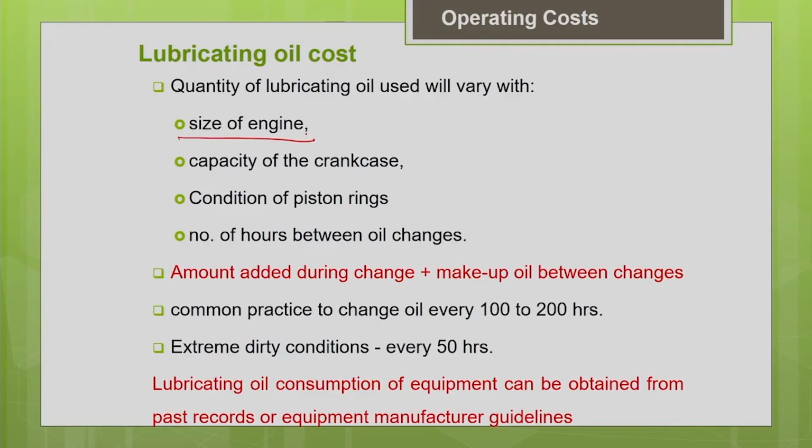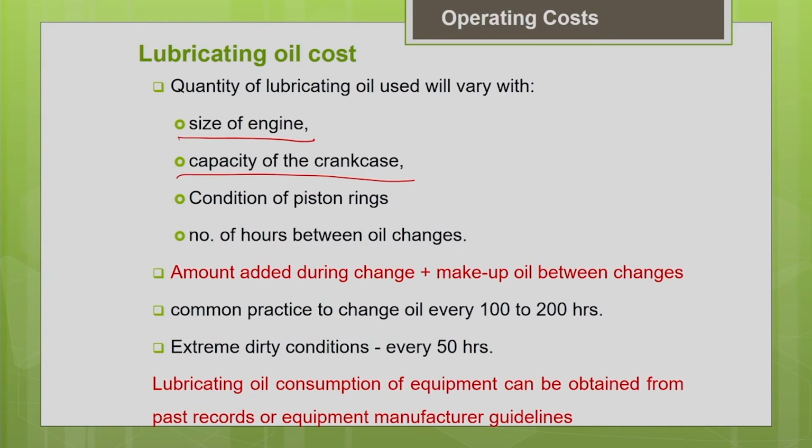Let us continue our discussion with the estimation of the lubricating oil cost. How much quantity of lubricating oil is needed will vary depending upon the size of the engine, the capacity of the crankcase, the condition of piston rings, and also the project conditions.